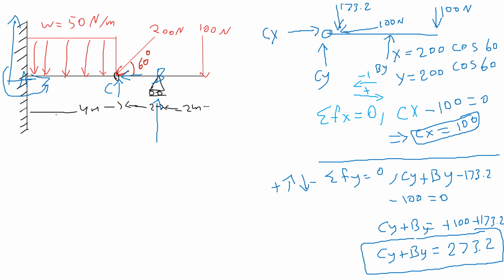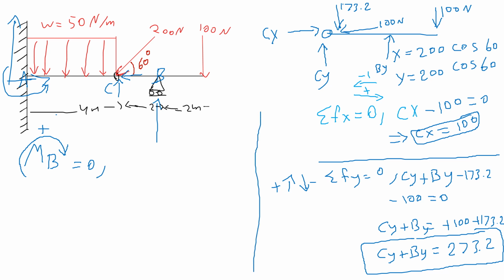So I'm going to take the moment at point B, and I'm going to assume this side, this clockwise, is positive. I'm going to say equal 0, and I'm going to start solving. Of course, here I'm going to draw lines.